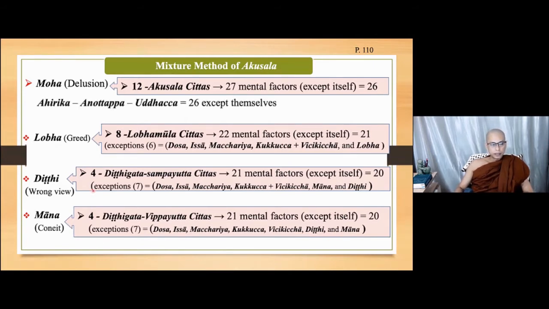Then for Moha, Ahirika and Anottappa, Uddhacca, they are in the same group of the unwholesome universal factors. That is why they also have the same method as Moha, 26.